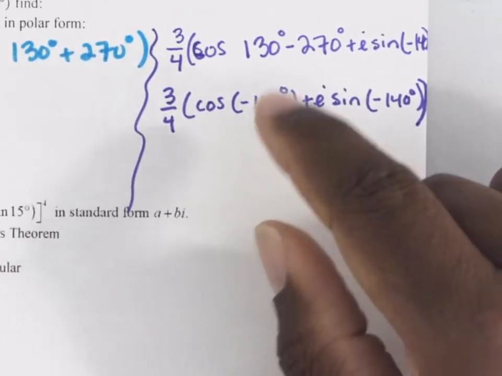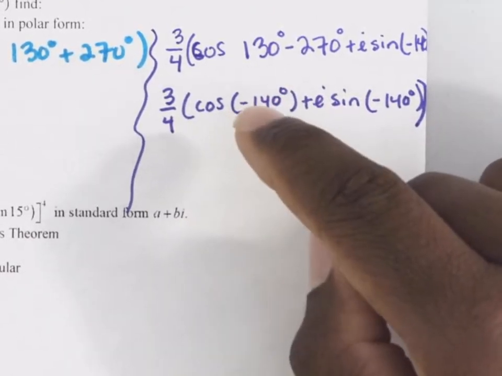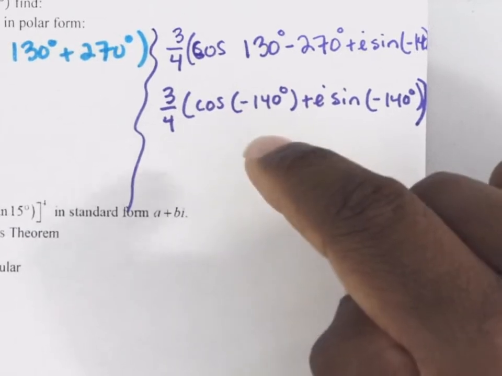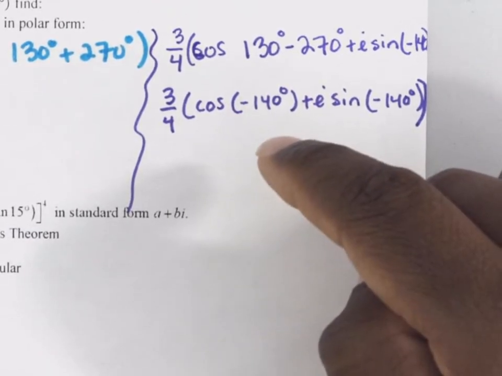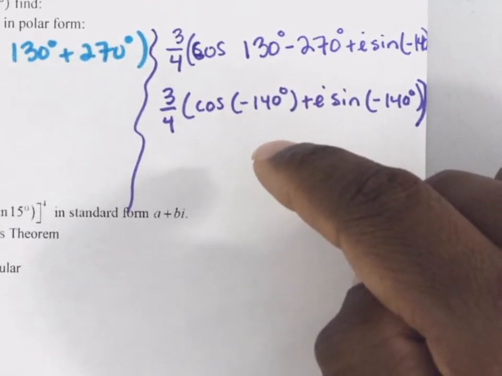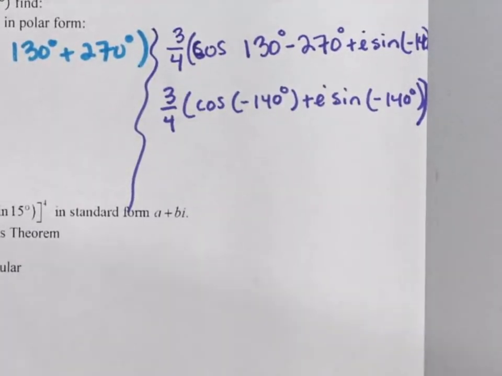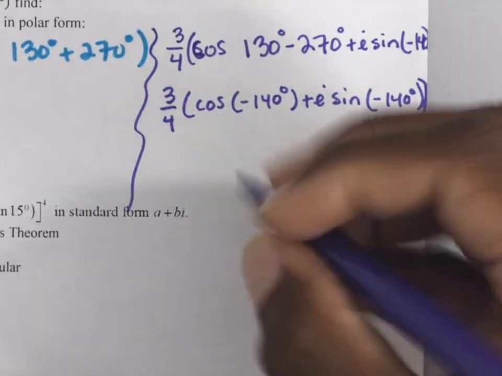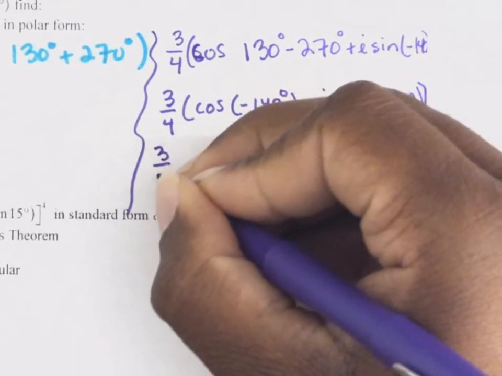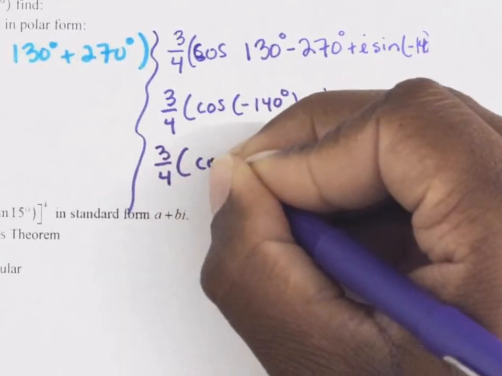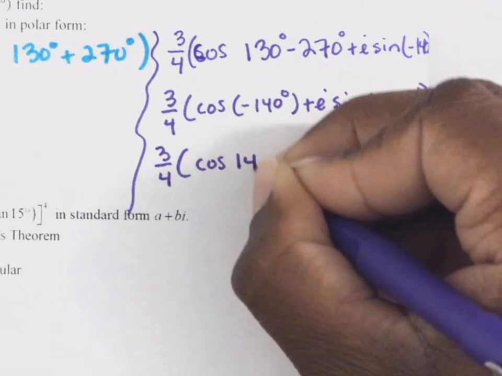And then if I apply even-odd identities, what happens with cosine of negative 140? Just cosine of 140. I would get the same exact value because it's even. Cosine is an even function, so I would just do cosine of 140.